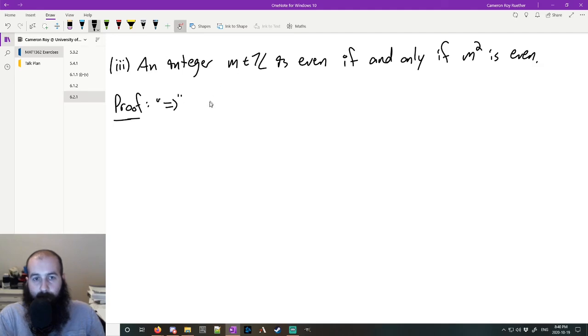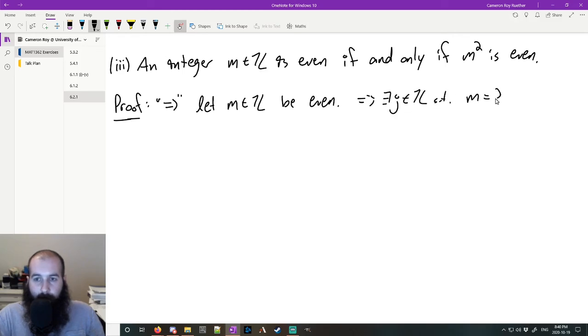So to do this, we assume that m is even. So let m be an integer, and let m be even. We know that the definition of even means that there exists an integer j such that m is equal to 2 times j. Now we're curious about m squared, so we can just multiply this equation by itself.